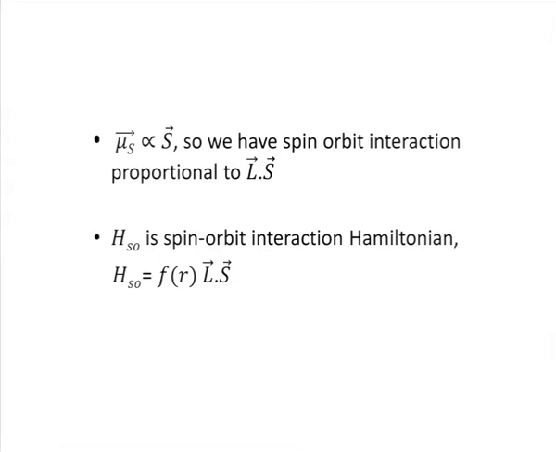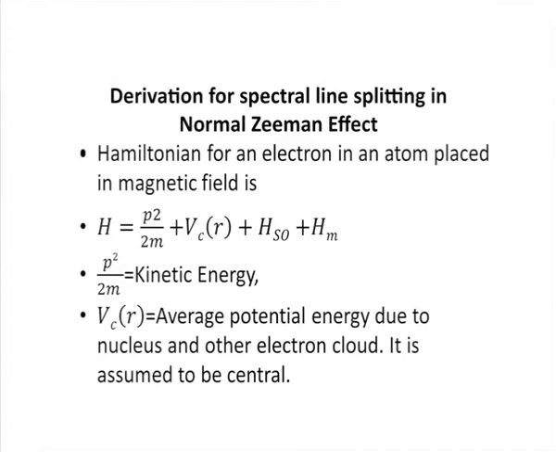Now, we can have a quick derivation of the spectral line splitting in the normal Zeeman effect. The Hamiltonian for an electron in an atom placed in a magnetic field is H equal to p square by 2m plus V_c plus H_SO plus H_m. The first term p square by 2m is the kinetic energy.